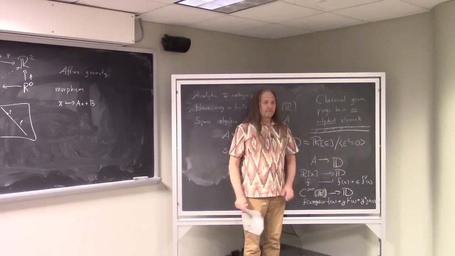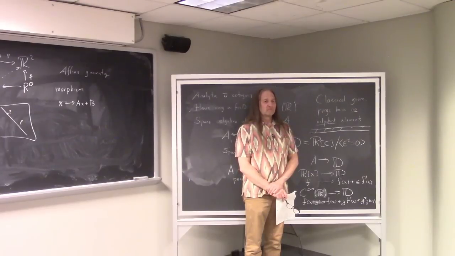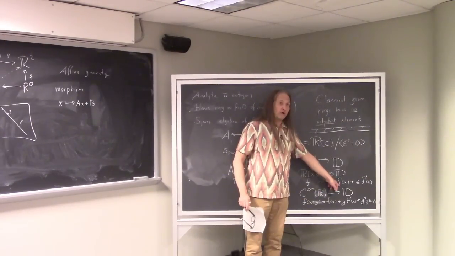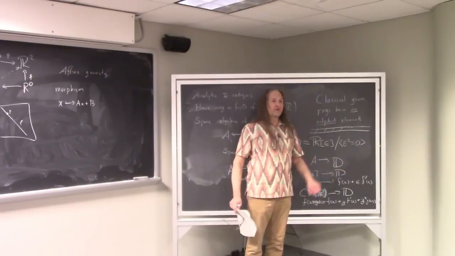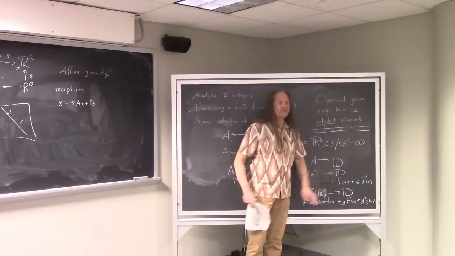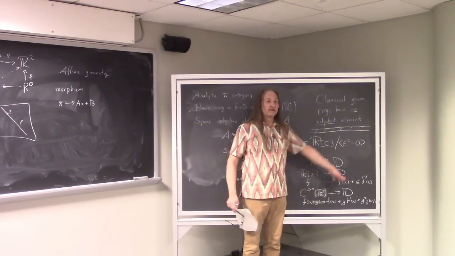So if you consider all possible homomorphisms from the ring to D, are these the only possible ones? Yes, they're all of this form, and the only difference is what value I use for x. If I put x equal to 1, I get one homomorphism, x equal to 0.2, I get another one, etc. And these are all of them.